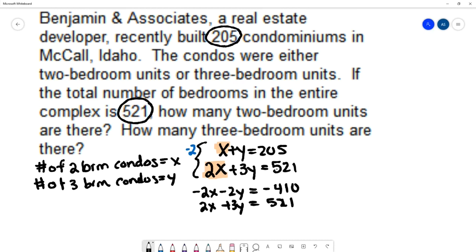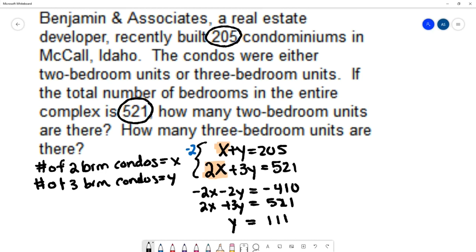Now add the equations together. Negative 2x plus 2x cancels or eliminates. Negative 2y plus 3y add together to be y. And then 521 minus 410 would be 111. So we get the number of 3-bedroom condos to be 111.